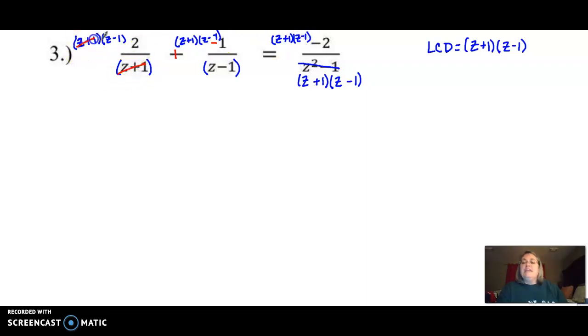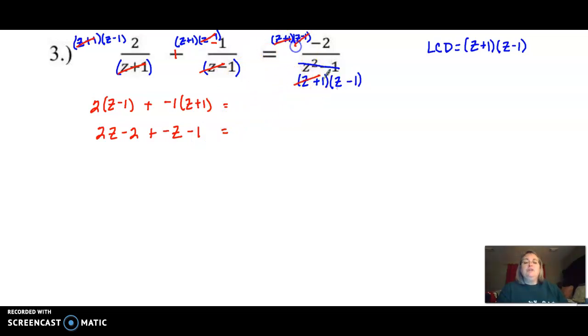Notice my z plus 1's cancel. When I distribute, that gives me 2 times z minus 1, or 2z minus 2. Plus my z minus 1's cancel. That gives me a negative 1 times z plus 1, which is a negative z minus 1.